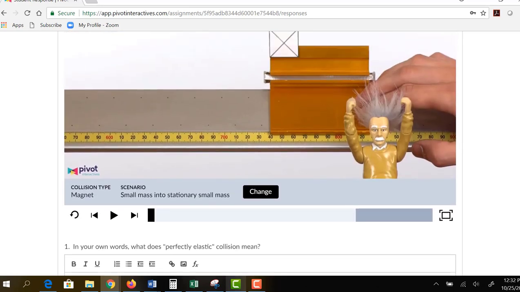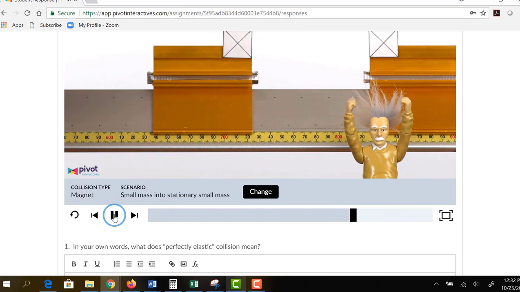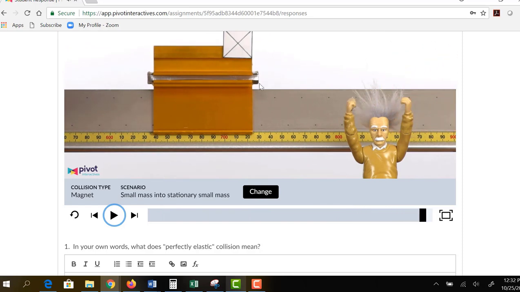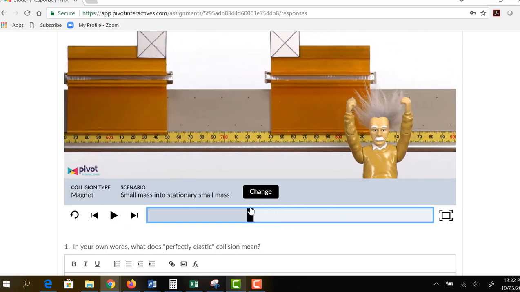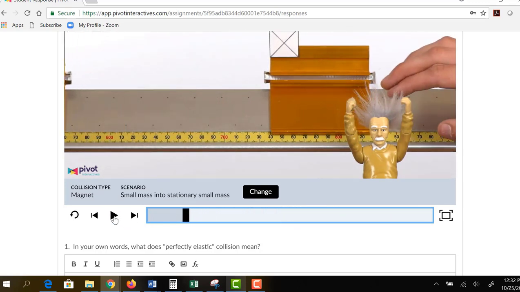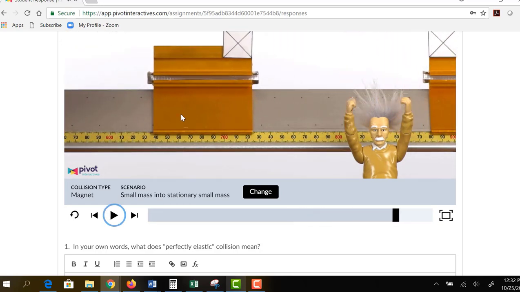Now get ready, this is almost like magic. So there's magnets here. They interacted via a magnet. So one came in. Back it up here. So velocity of the left one final is 0 because this one stopped.